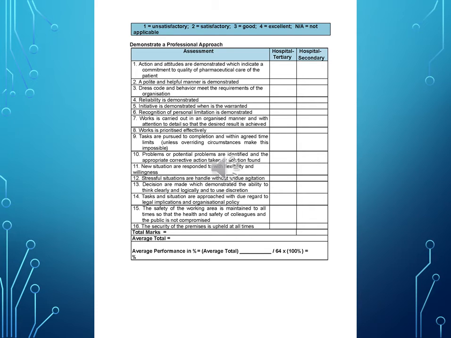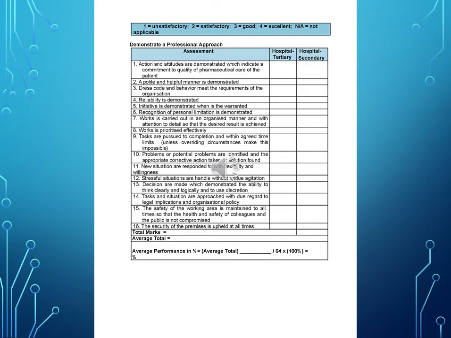4. Reliability is demonstrated. 5. Initiative is demonstrated when warranted. 6. Recognition of personal limitation is demonstrated. 7. Work is carried out in an organized manner and with attention to detail so that the desired result is achieved. 8. Work is effective. 9.